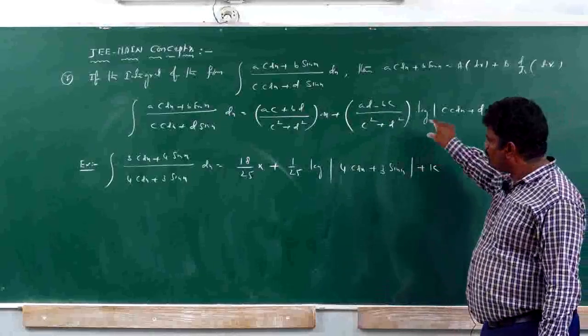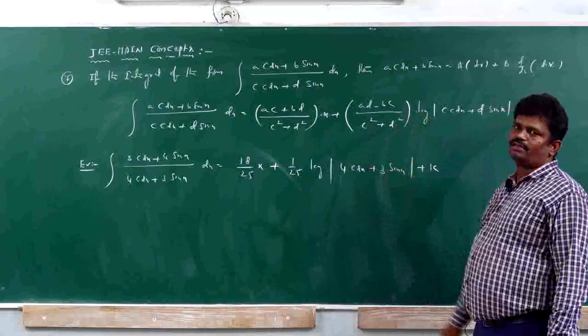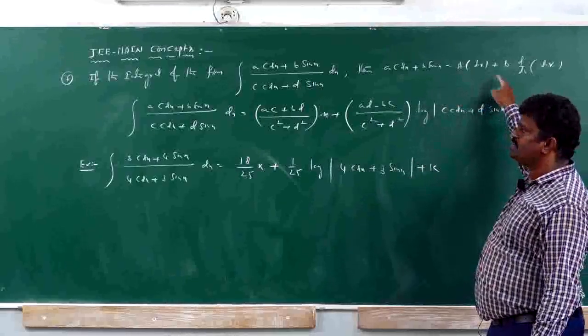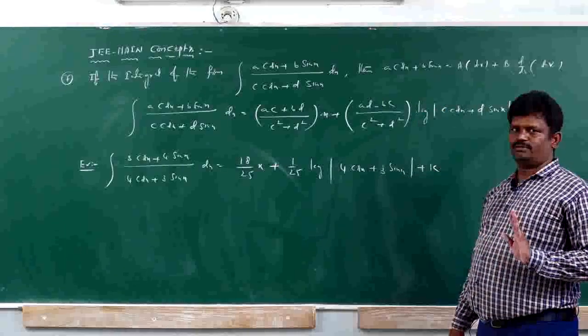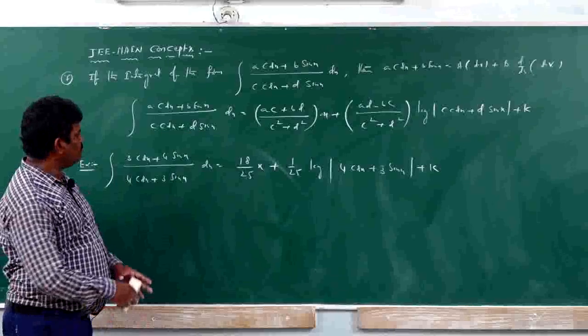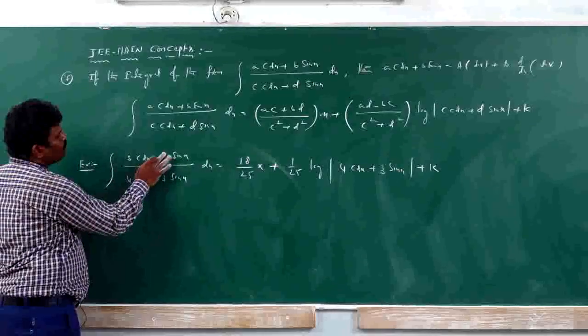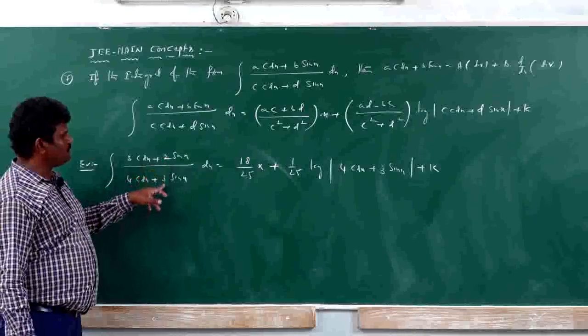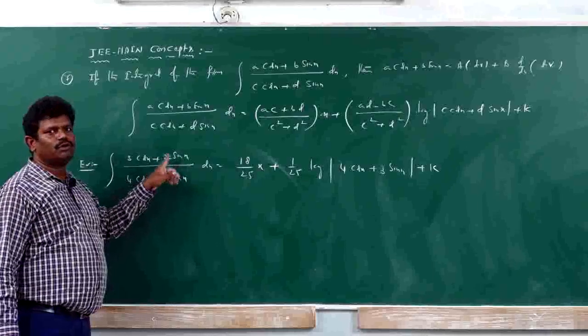If you remember this standard result you can answer easily; otherwise it is a lengthy process, the same method previously explained. This is the last form, but here instead of 4, 2 is there; then easily we get 3 fours are 12, plus 6, 18.